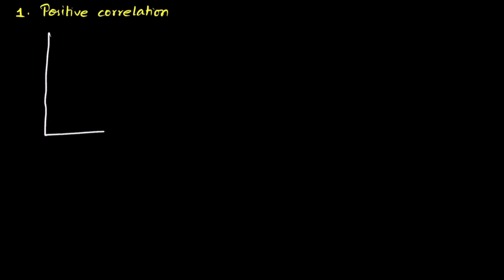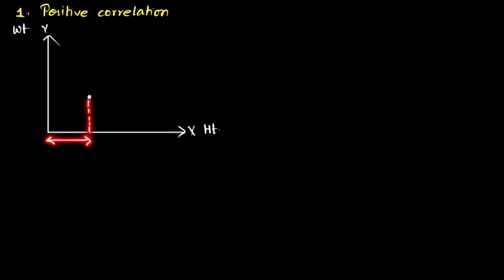So here I have a scatter diagram with x and y axis. On x axis, I have height. On y axis, I have weight. Let's say I plot a dot for respective height and weight of a person, and it comes out to be this much. That is, there is a person with height this much and respective weight this much.